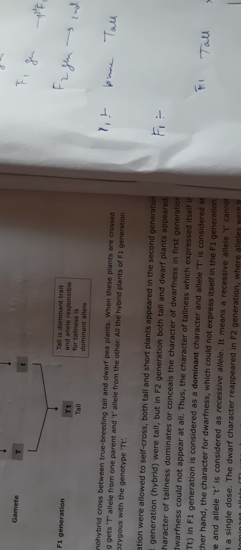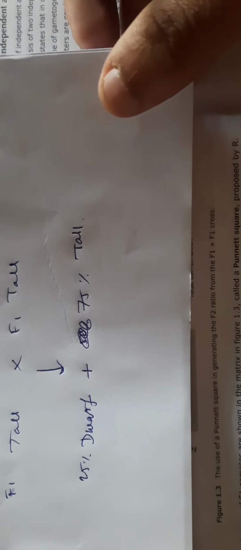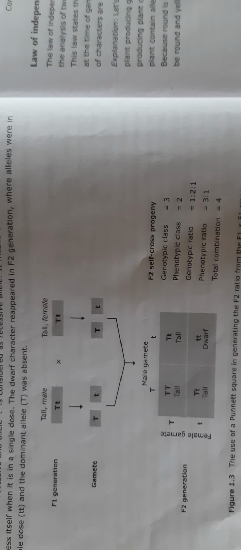But here there is a dominant trait, that is the tall one, so it results in all tall. But when there is a cross between F1 generations, this kind of combination occurs, resulting in 25% dwarf and 75% tall. So this is it, and this is the law of segregation.